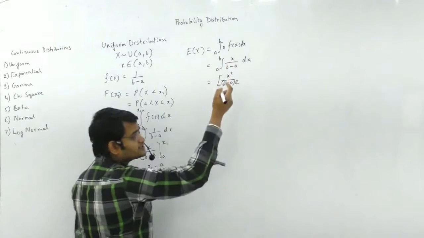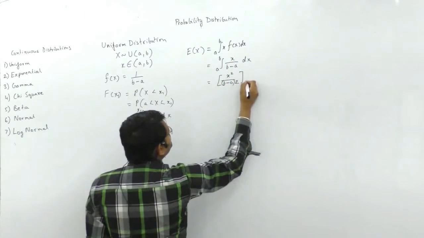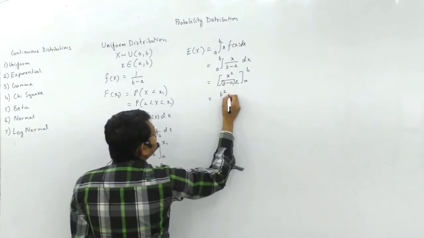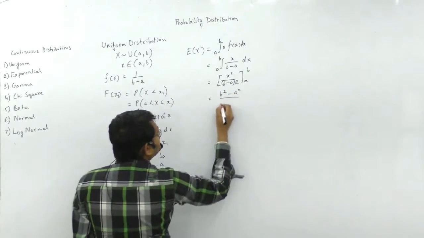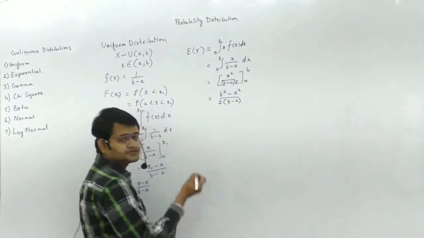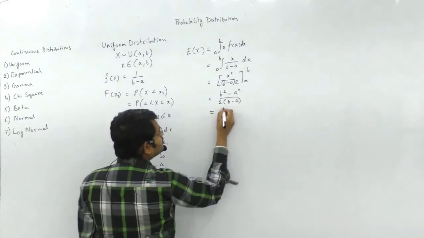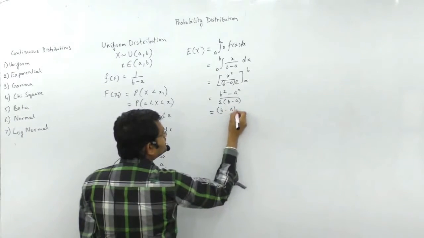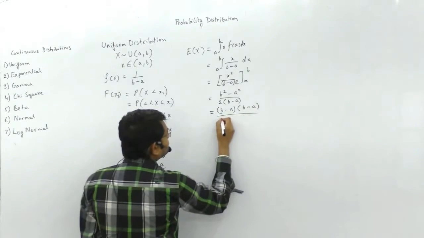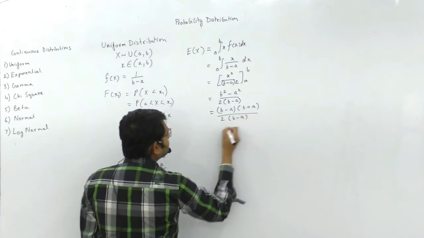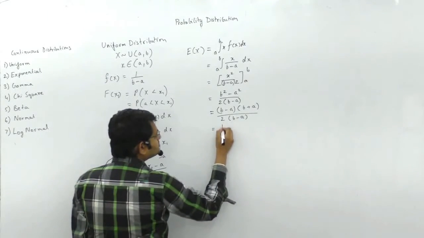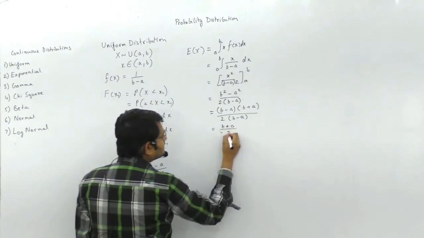The integration of x is going to be x square by 2. This is going to be b square minus a square upon 2 times (b minus a). Now b square minus a square can also be written as (b minus a) into (b plus a). This gives us (b plus a) by 2.